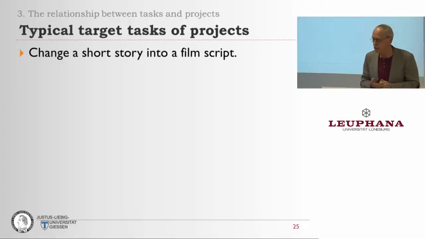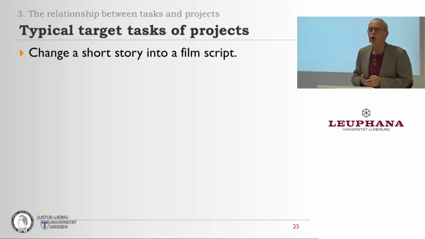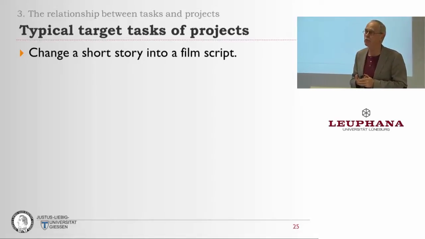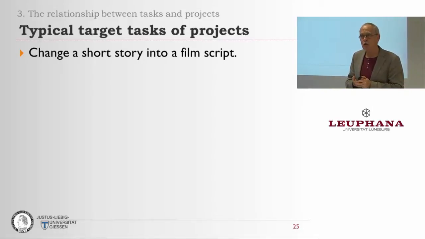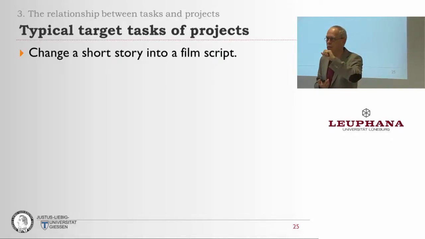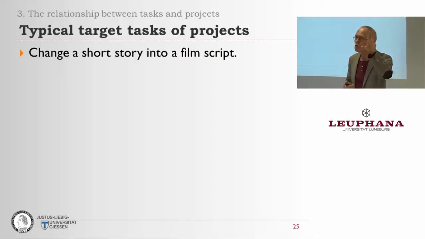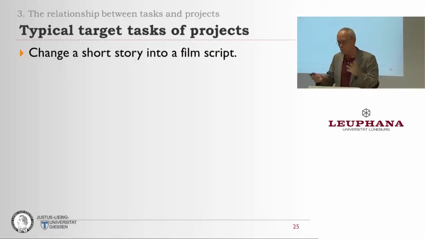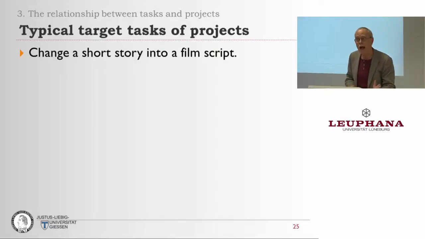For example, if you think of changing a short story into a film. You've read a short story in class, and now you start, let's select a couple of scenes, interesting scenes, and we turn them into a film script. And we do this in groups. You do this part, you do this part. Would be an interesting target task, and the foundation for a project.